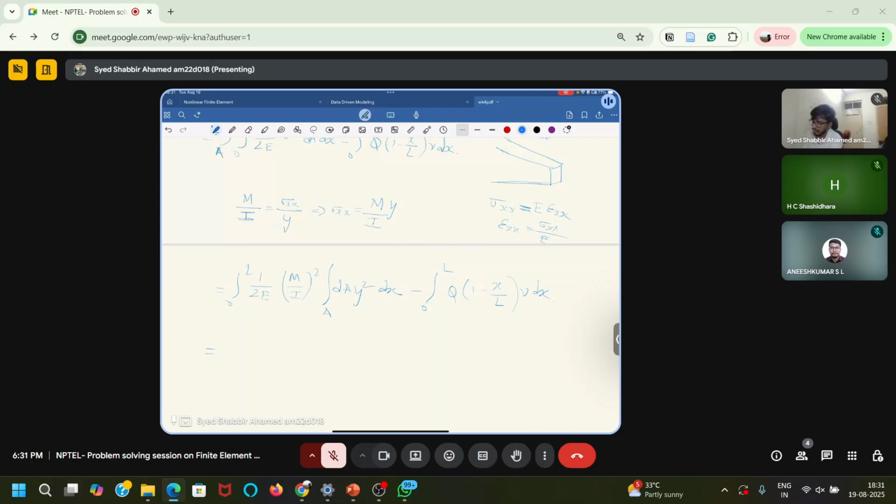Now this is nothing but the moment of inertia of the cross section, so I can write it as I, and replace this with I.